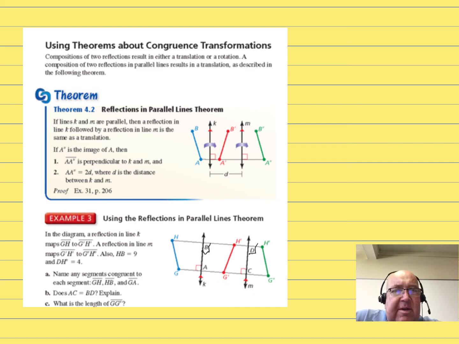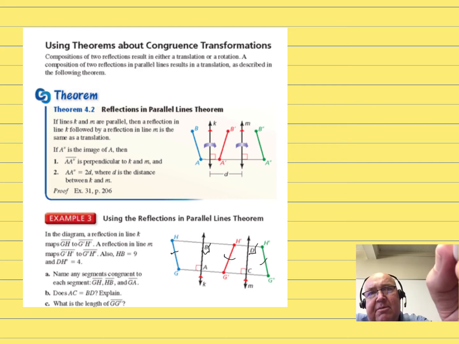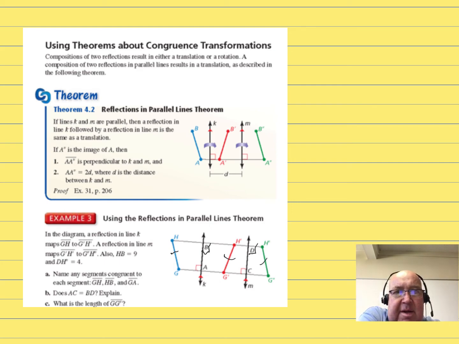So we want to look at all the segments that are congruent. So GH is congruent to G prime H prime, and G double prime H double prime. Alright. Okay. HB is congruent to this, because we moved the reflection the same amount, and that's how we got there.